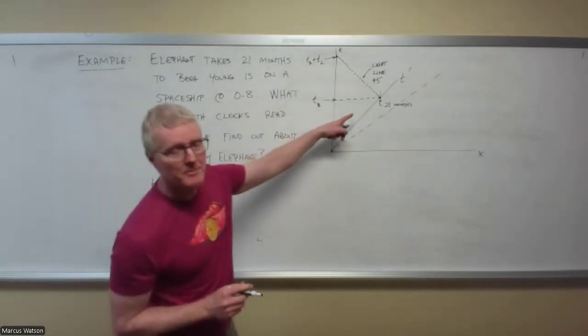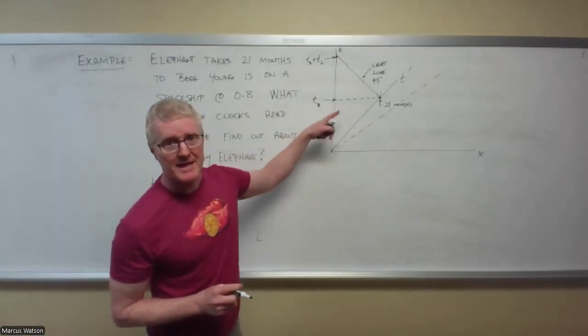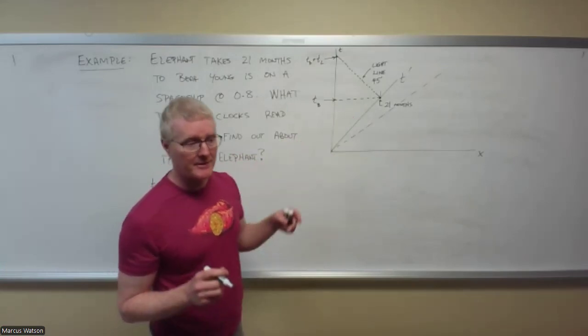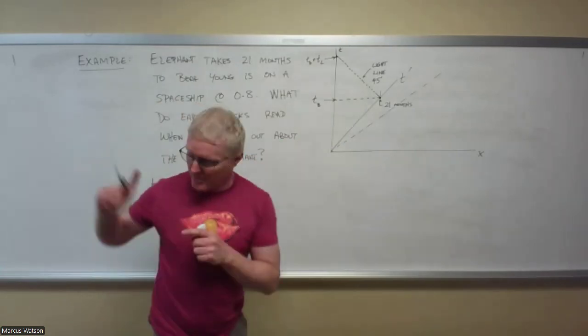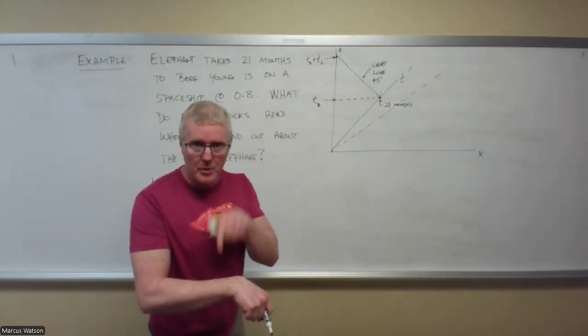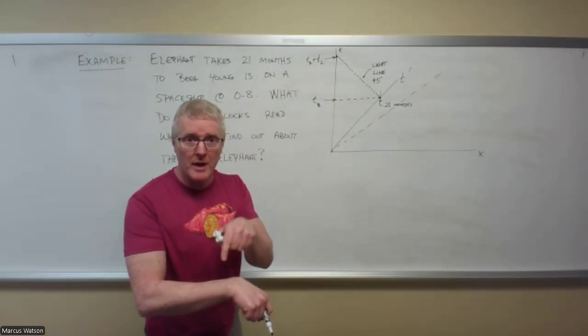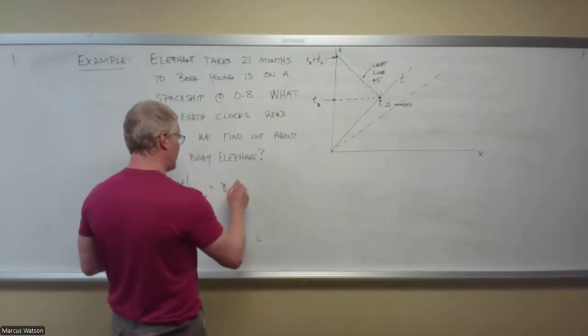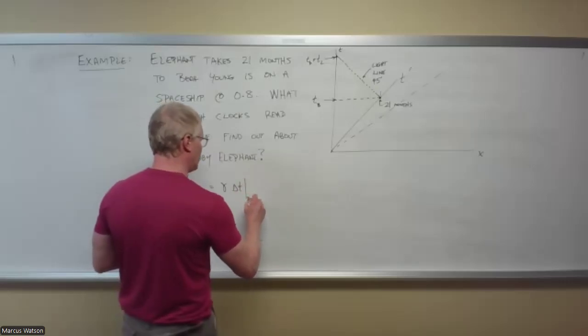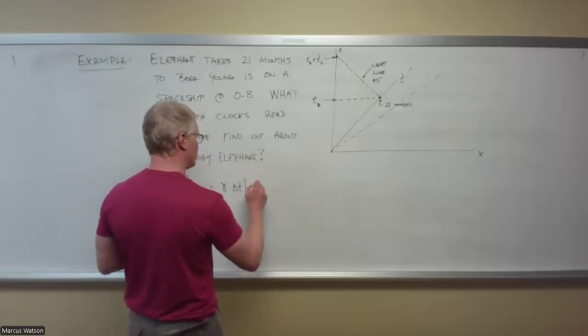And the 21 months is now the proper time because that's the time on the rocket ship. We got on the rocket ship, Earth blasted off, and the baby's born, and it hasn't moved, so the rocket ship has proper time. Therefore, I have to calculate gamma and use T on the rocket, which means 21 months.